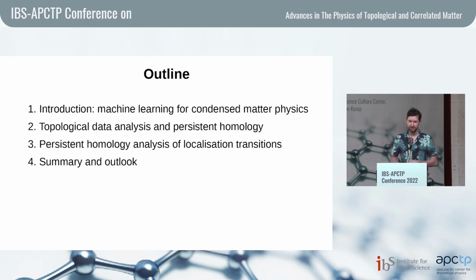Then I'll give a similar introduction to one particular machine learning technique, persistent homology, which can be used to learn topological features of your system of interest. And finally, as an example of how persistent homology can be used to analyze phase transitions, I will consider localization transitions in a simple toy model, a generalized Aubry-Andre-Harper model.